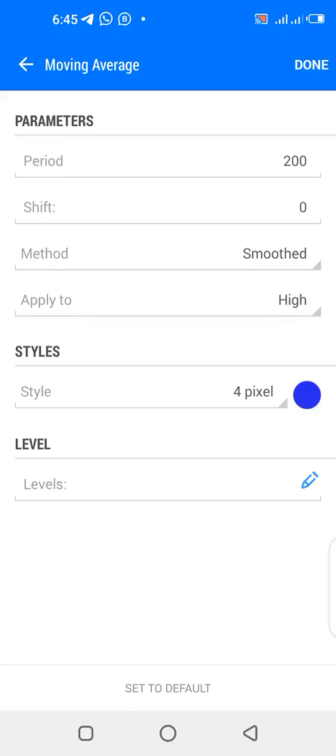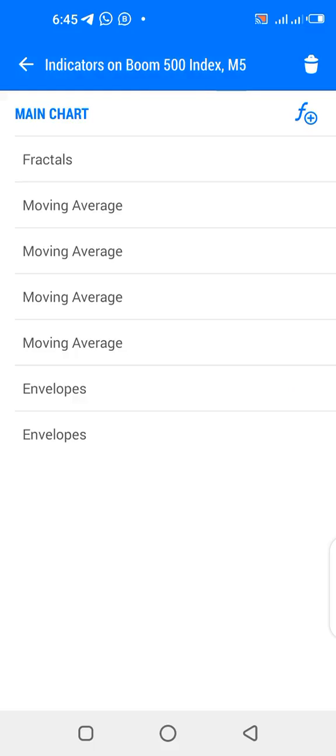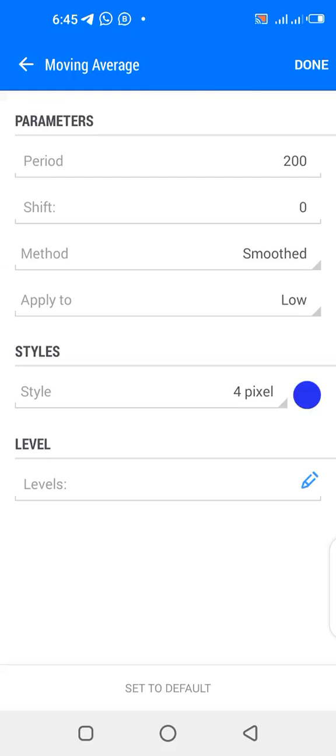It is 200 SMA, but this time it is a smoothed moving average applied to high. And the next moving average is 200 smoothed moving average applied to low.